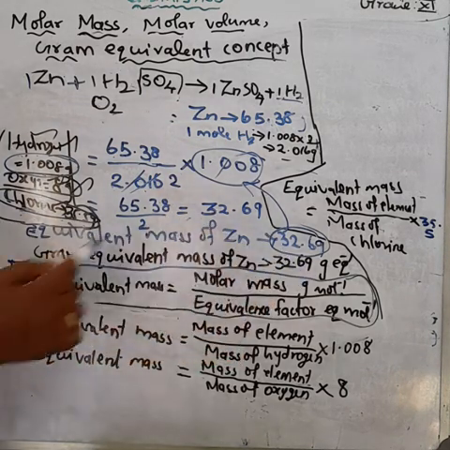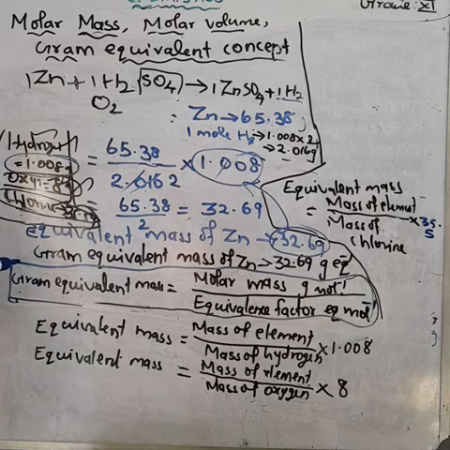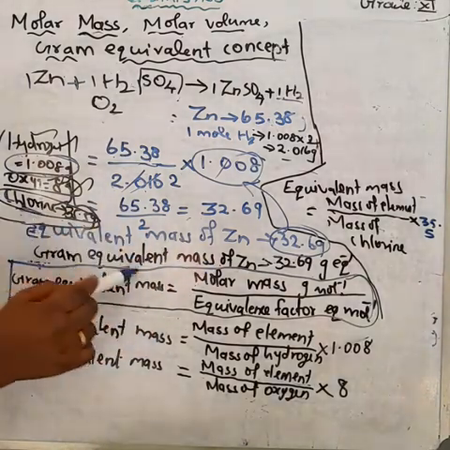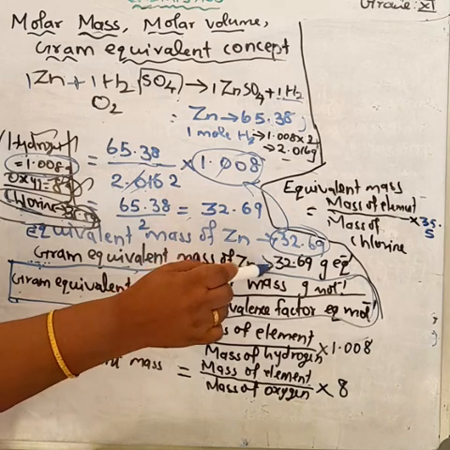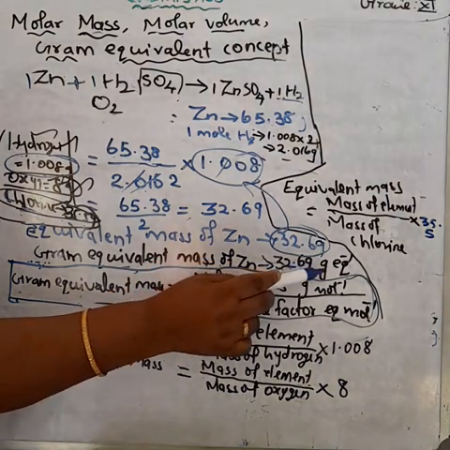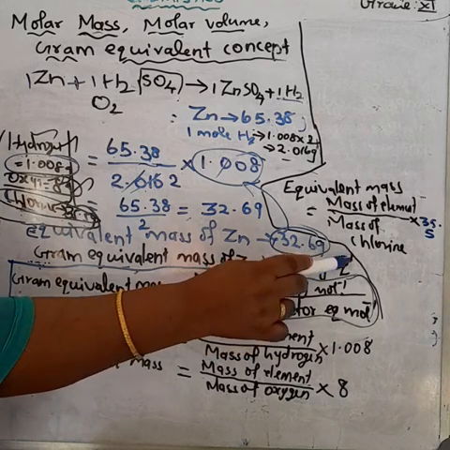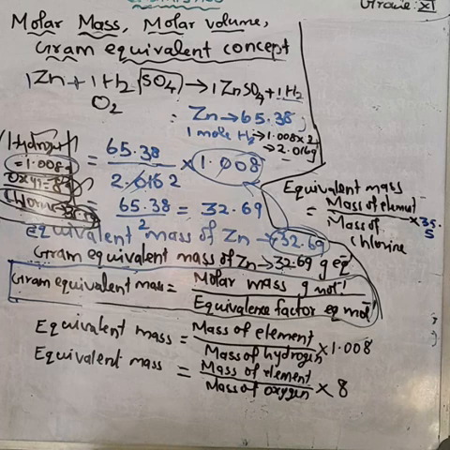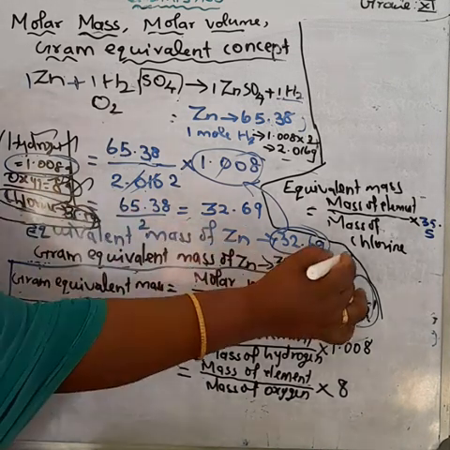If you are writing the equivalent mass in gram, that is called gram equivalent mass. So the gram equivalent mass of zinc is 32.69 gram per equivalent. Understood? These are about the gram equivalent concept.